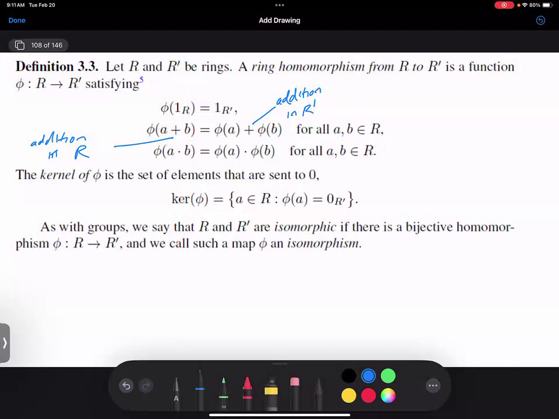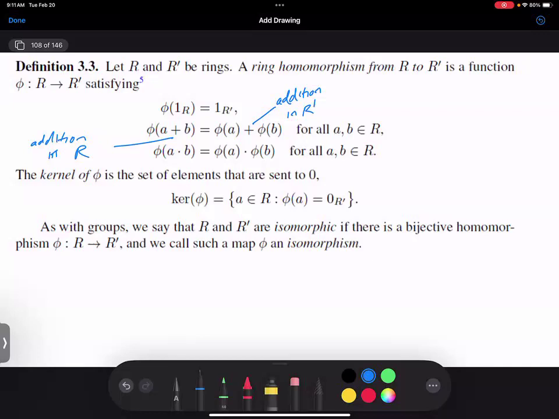Why can't I say that this is a group homomorphism under multiplication? It's not necessarily a group under multiplication, but it still has the property we would like. Phi of a sum is the sum of the phis, phi of a product is the product of the phis. And then we showed that in a group homomorphism, you send the identity element to the identity element.